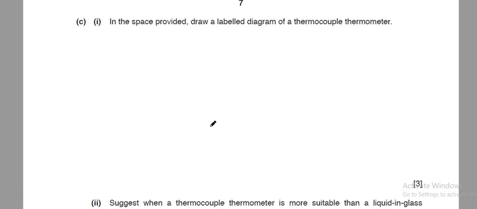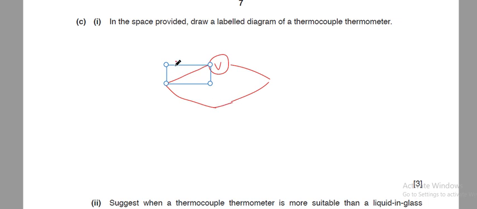In the space provided, draw a labelled diagram of a thermocouple thermometer. This consists of two different metal wires: metal A, and this is metal A also, and metal B, welded at both ends, and one end is in hot and the other in cold.